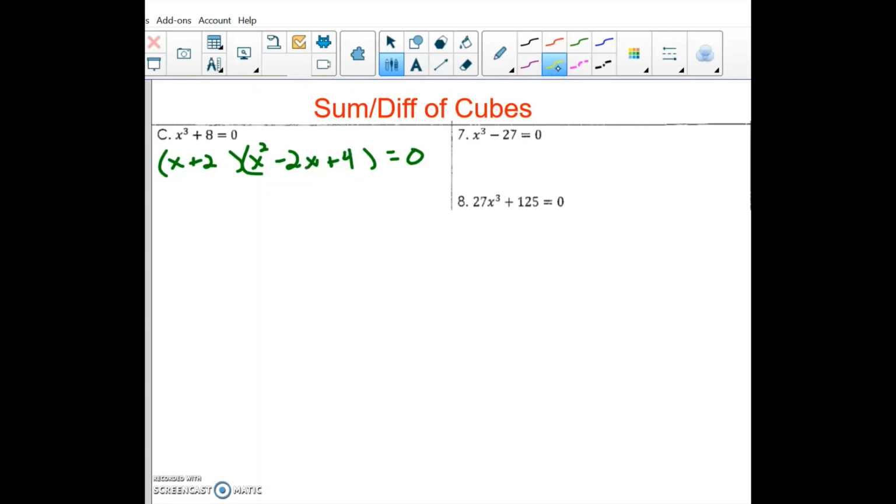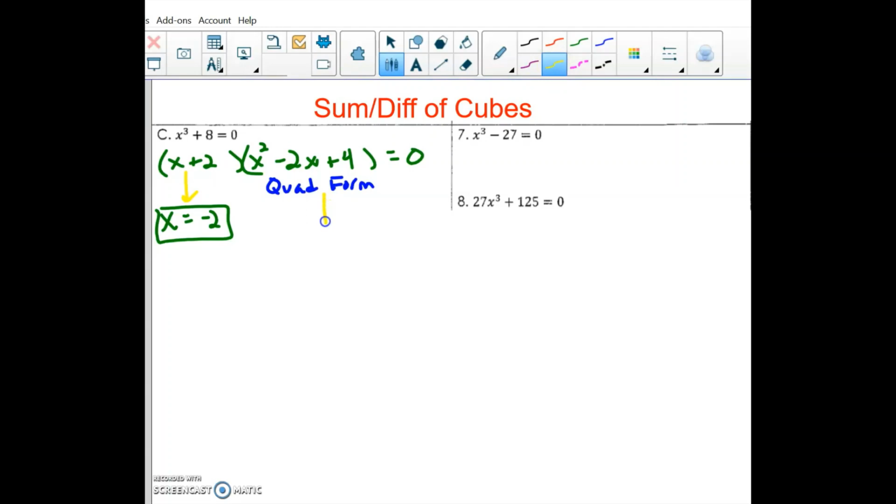The first answer right here is going to be x equals negative 2. That's the simple one. And that's one of our three answers. But on the next part, the trinomial, we actually are going to have to use the quadratic formula. This won't factor, and since we have to solve it, we've got to figure out a way to do it.